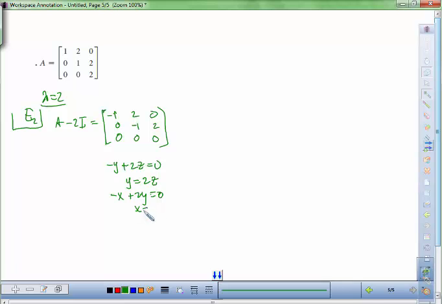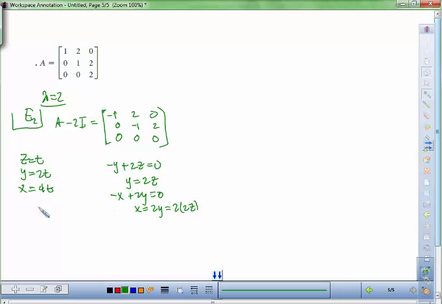So x is equal to 2y, which is equal to 2 times 2z. So that's 4z. So if you let z equal t, your y is equal to 2t, and your x is equal to 4t.